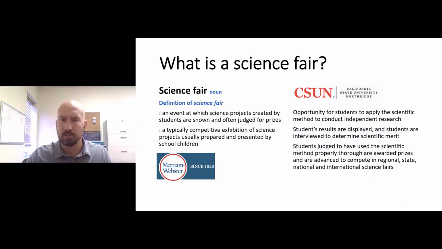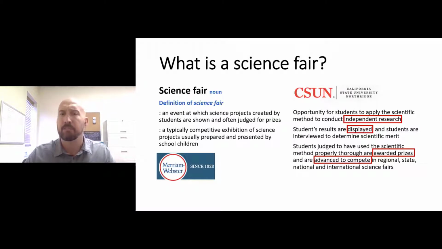But in the traditional sense, science fairs are independent research projects conducted by students. The student results have a display associated with them or an exhibition of their results. The student projects are judged and awarded prizes, and the events are intended to allow for advancement for further competitions.